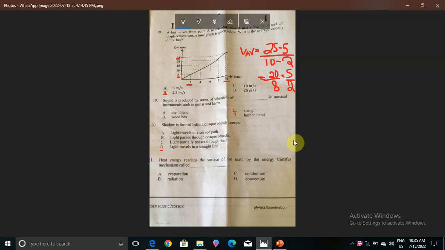Now question number 21, it says heat energy reaches the surface of the earth by the energy transfer mechanism called what? Evaporation, radiation, conduction, or convection? It says energy transfer mechanism called radiation, because heat energy reaches the surface of the earth by the energy transfer mechanism called radiation.